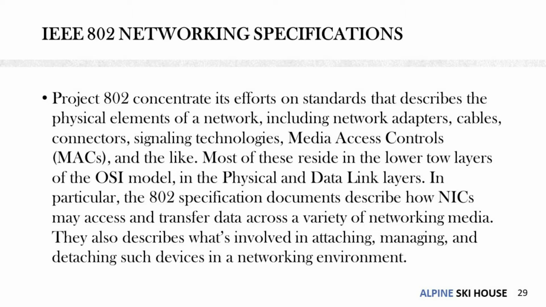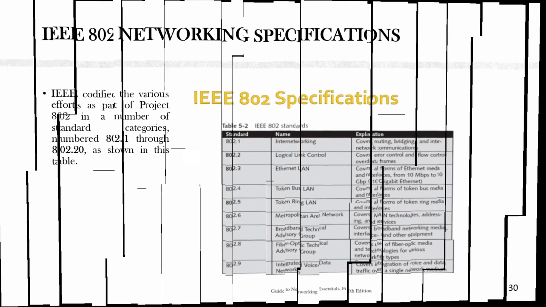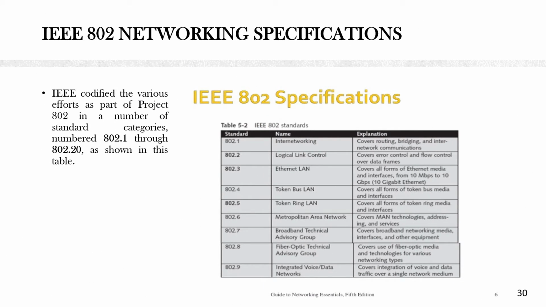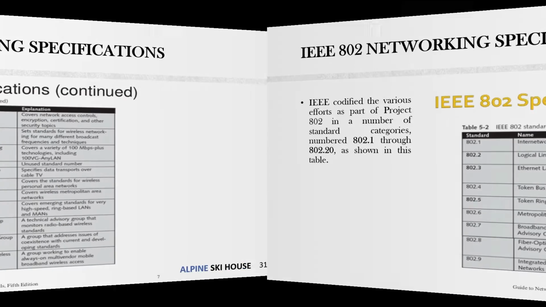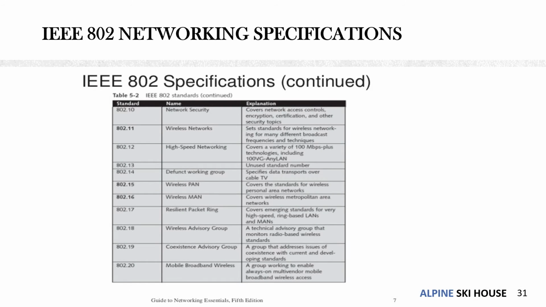They also describe what's involved in attaching, managing, and detaching such devices in a networking environment. IEEE codified the various efforts as part of Project 802 in a number of standard categories, numbered 802.1 through 802.20 as shown in this table.